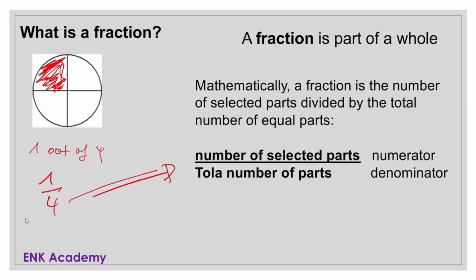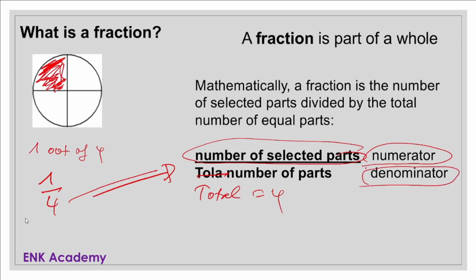That means in this case we have 1, which is here, and then we have the total number, which is 4, and the number which is above the bar is called the numerator, and then the number below is called the denominator.